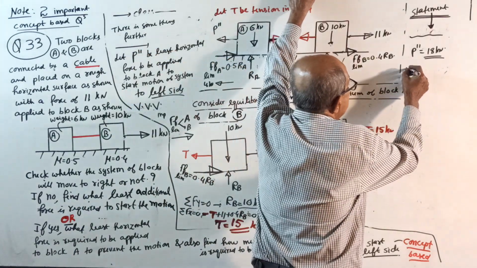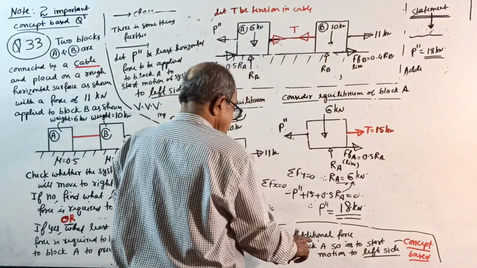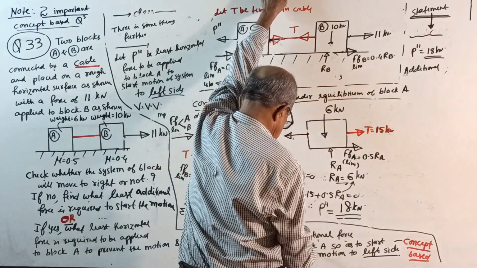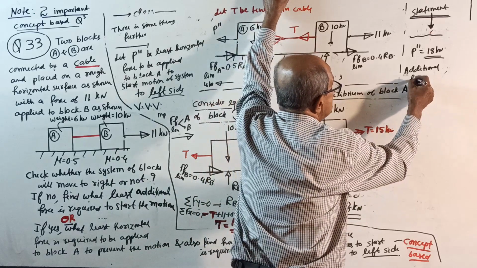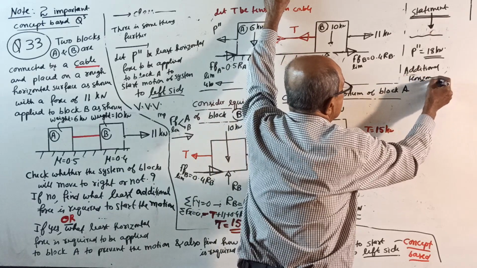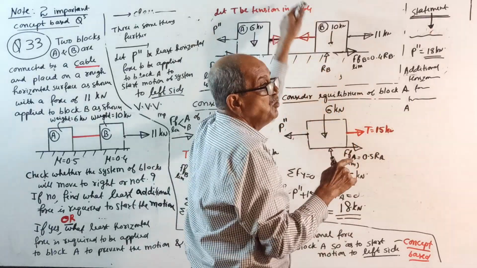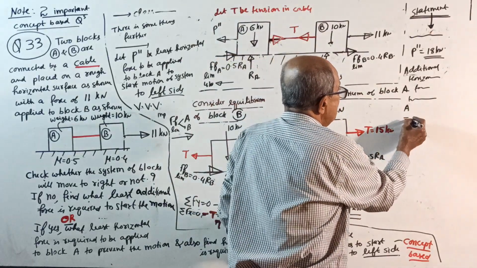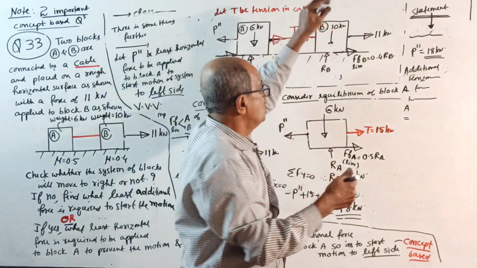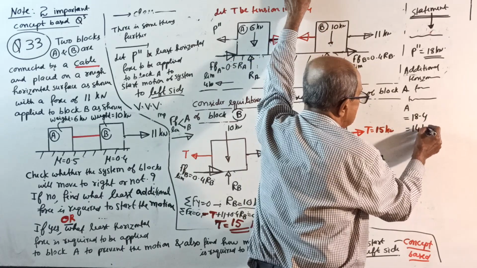Therefore, they want additional horizontal force to be applied to block A to move the system to left side. 4 is already applied, but you require 18, so 18 minus 4 equals 14 kilonewton is the answer.